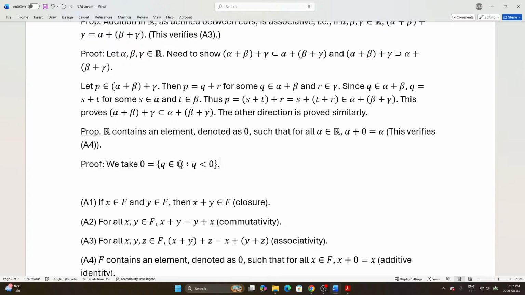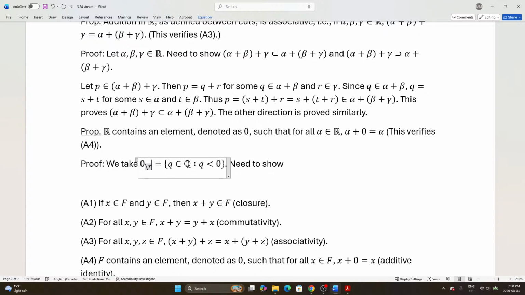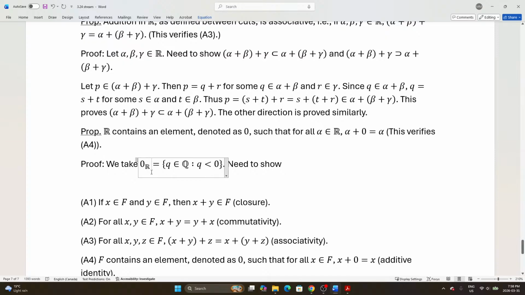Obviously, this is a cut. Actually, you know what? Let's prove it. And just to avoid confusion here, because this is highly confusable, for the moment I'm going to give it a subscript, called Q0R, and the 0 without a subscript is understood as the rational 0.